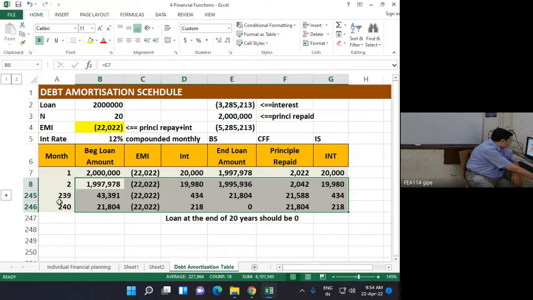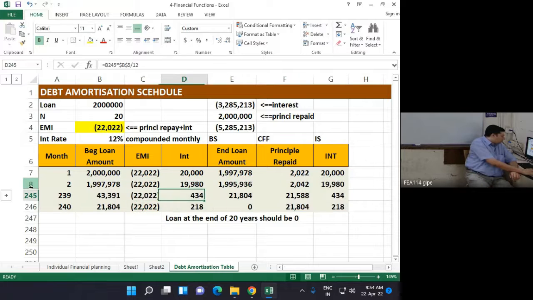First 2, last 2, everything else is hidden in between. Loan amount at the end has become 0.